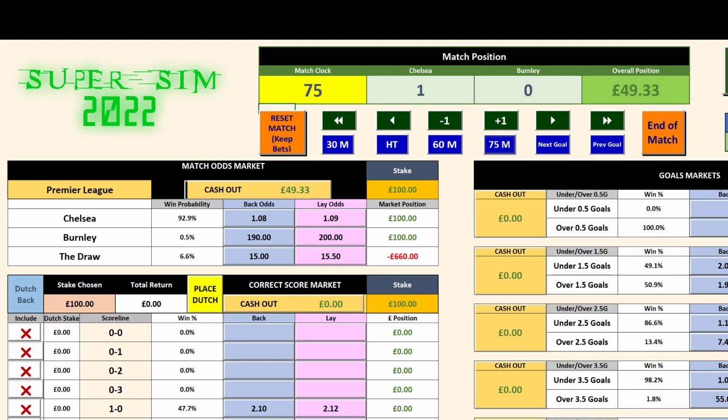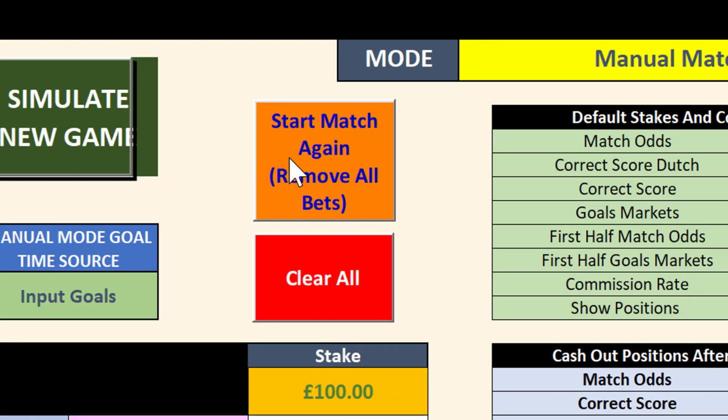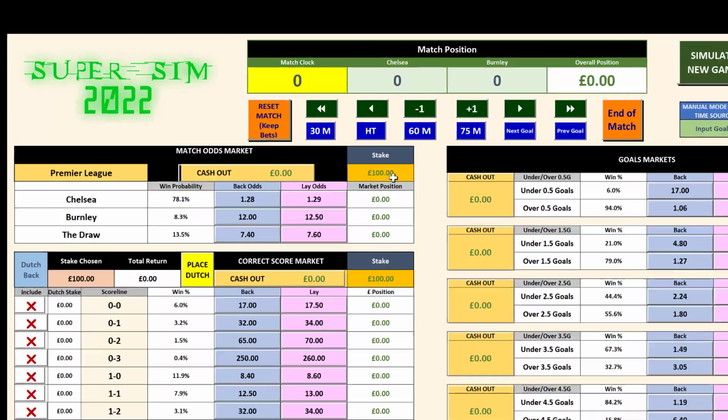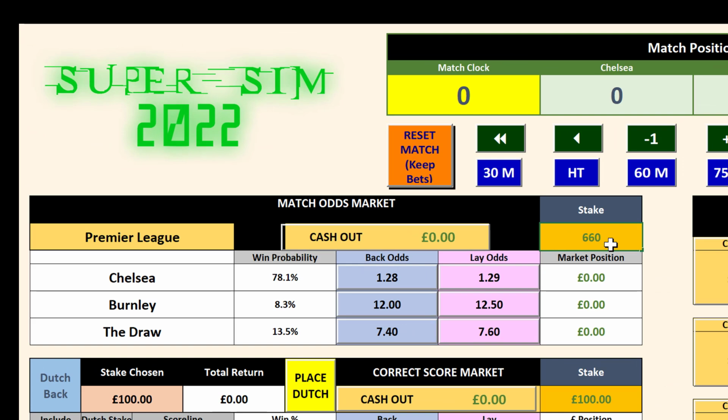But let's start this match again. And we saw that it was around £25 of profit if we laid the draw. What if we were to back Chelsea, just back the favourite? We know that Chelsea are more likely going to be the team to take the lead. So what if we took that £660 of exposure and then used it to back Chelsea instead of laying the draw?